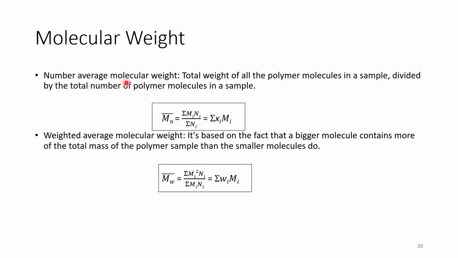Next is molecular weight. So there are two types of molecular weight. One is number average, second is weighted average. In case of number average molecular weight, you have the total weight of all of the polymer molecules in sample, which is then divided by the total number of polymer molecules in a sample.